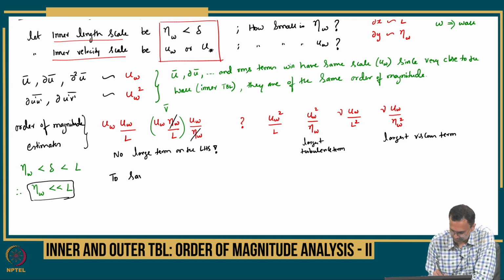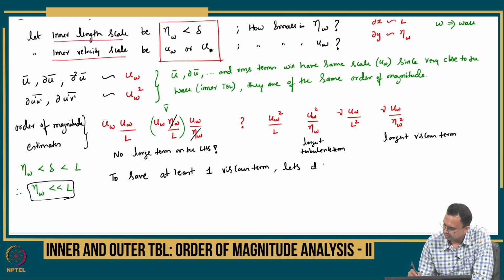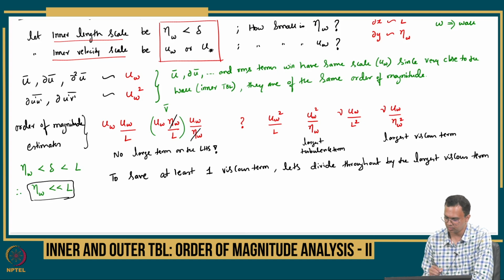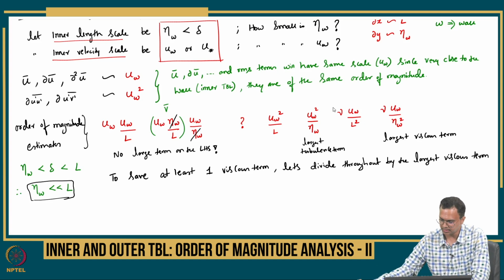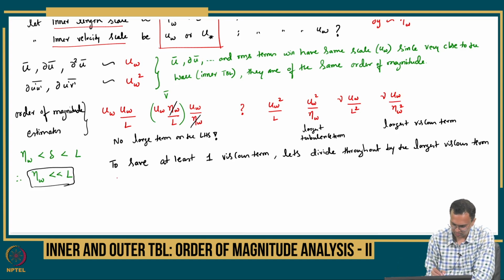So to save at least one viscous term, let's divide throughout by the largest viscous term. If I do this, obviously the right hand side, that term will be 1 here if I am dividing it throughout. So let's do this here.